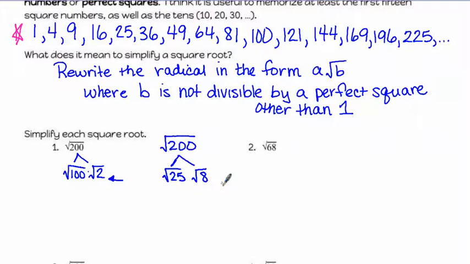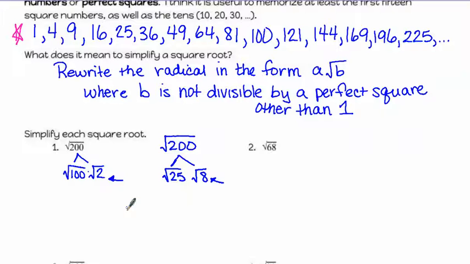The problem is that 8 is still divisible by one of our perfect squares. It's divisible by 4. You didn't find the largest one. So if you end up with a value of b that is still divisible by one of those perfect squares, that means you need to look a little higher. You haven't found it yet. And that's where you would find this 100.